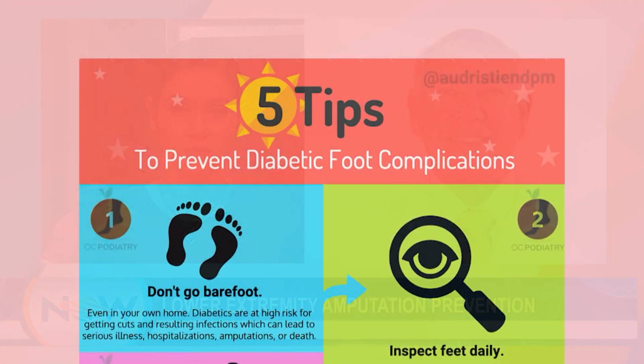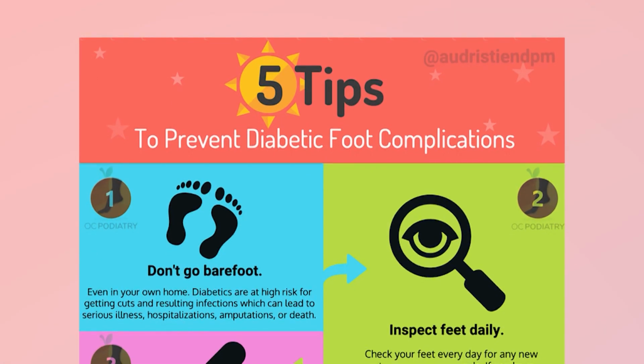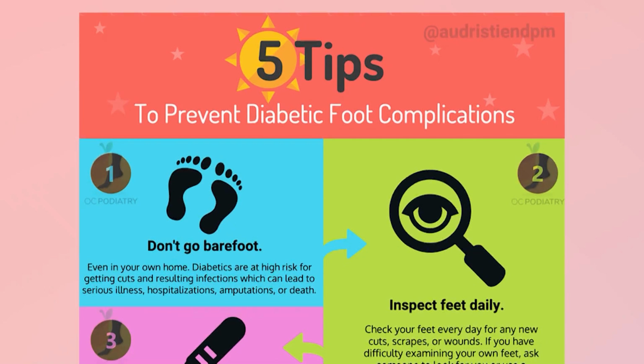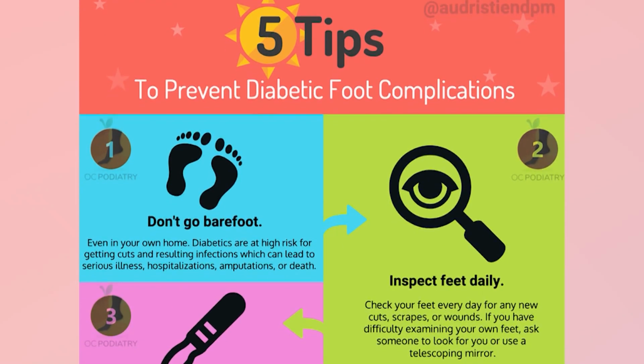And you want to avoid that because when you do have a break in the skin, often what happens if it's unnoticed is it becomes infected. The infection goes into the foot and then up into the leg, and that's the general cause of lower extremity amputations.